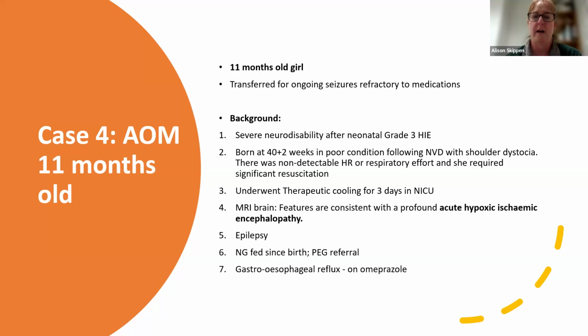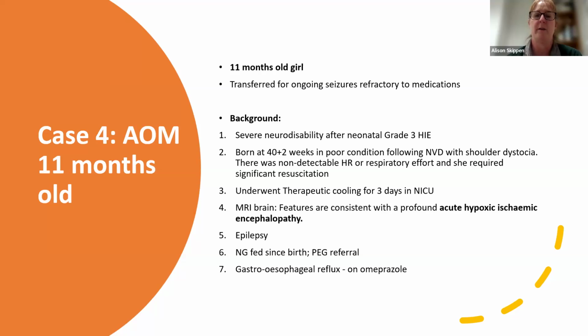I think her downtime was about 20 minutes before they got her heartbeat back. Because of the suspected severe HIE, she underwent therapeutic cooling for 3 days, down to 33 degrees, in NICU. Subsequently she had an MRI that showed acute profound hypoxic ischemic encephalopathy.